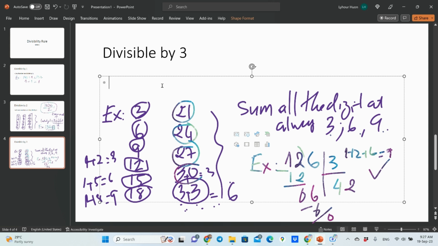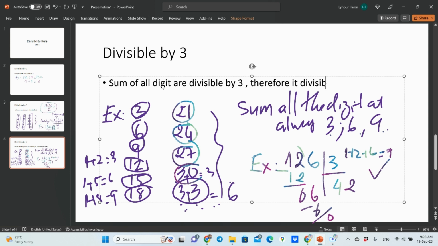So we can conclude that if the sum of all the digits is divisible by 3, then this number is divisible by 3.